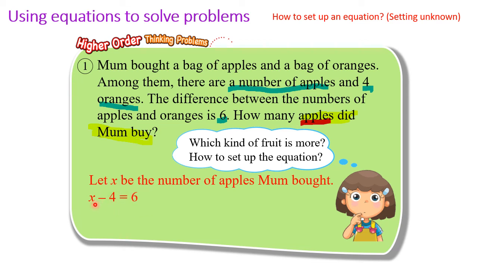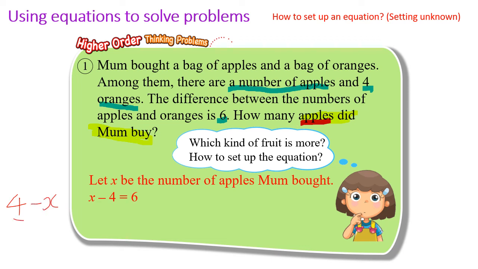Why can you put the apples first and the oranges as minus 4? Because the difference between the number of apples and oranges should be one number minus another one.